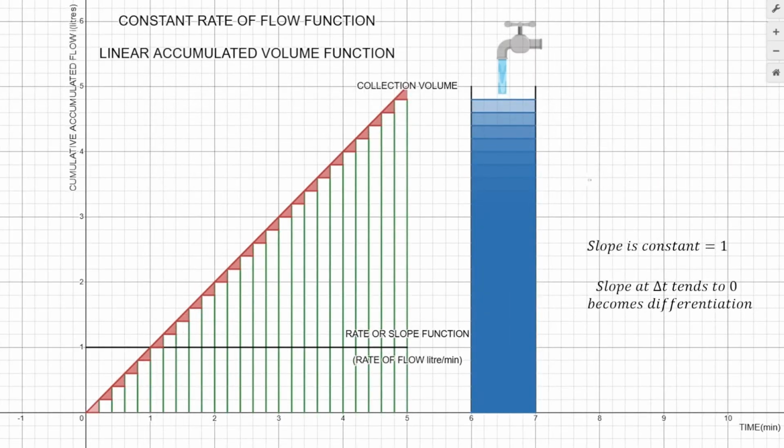Further we can proceed. Now we are dividing the total integration, where the total time is 5 minutes, into steps of 0.2. So the total time is 25 steps, which means we are calculating 25 q's.